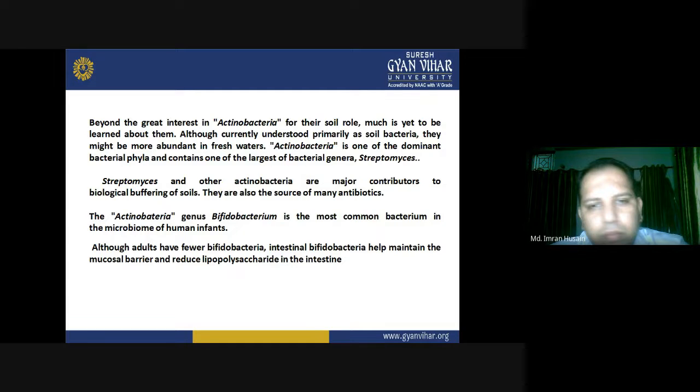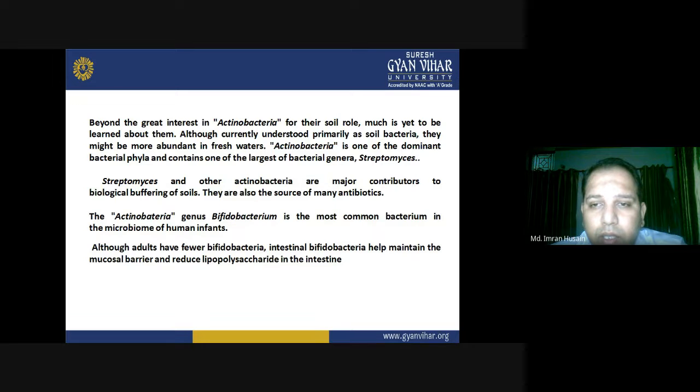So, because they are primarily found in soil but, on the other hand, are also largely found in fresh waters, scientists and experts are still working on their nature and discovering new aspects and new dimensions, because they have a lot of scope and we need to research them a lot.